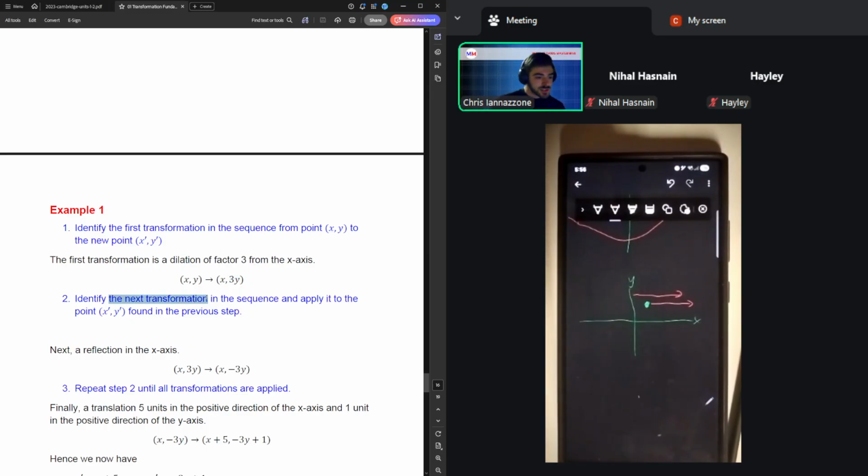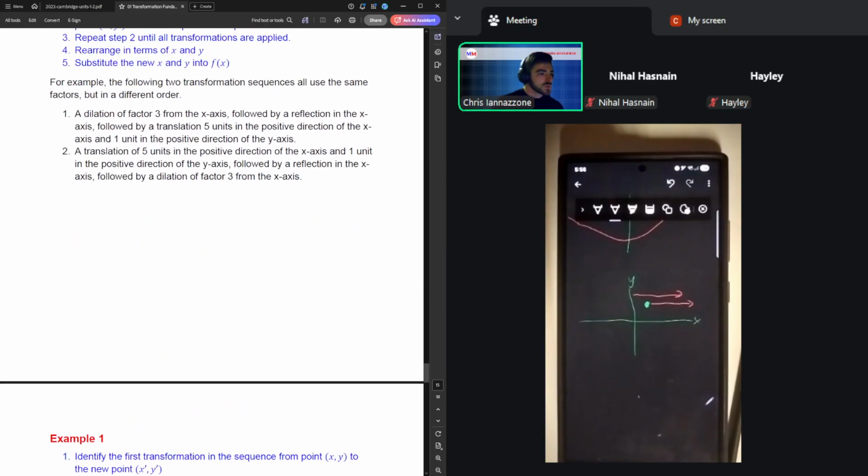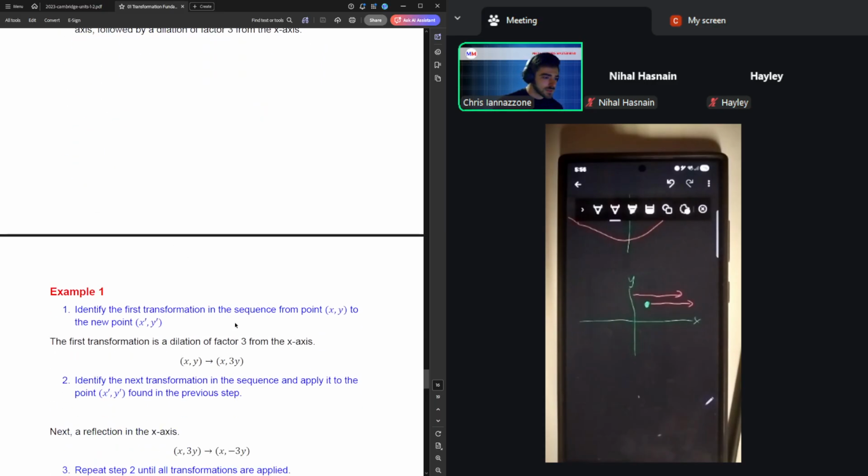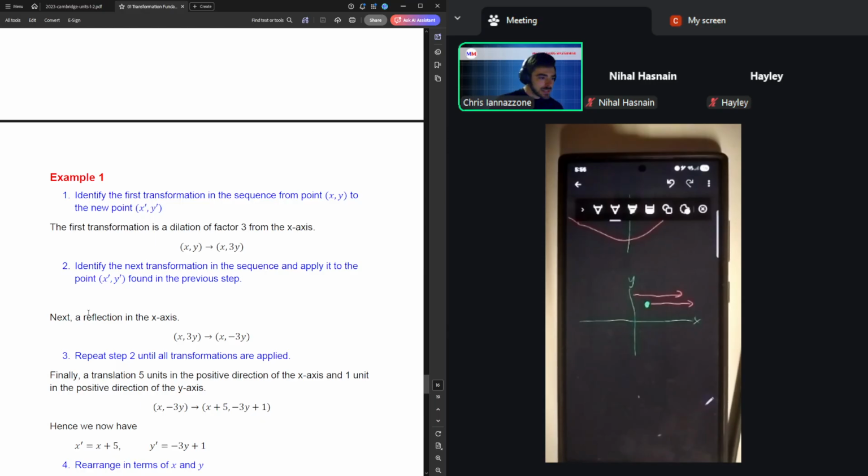Next, get the next transformation in that sequence. So we just did dilation factor of 3. We're now followed by a reflection in the x-axis. Here's how that actually looks. Wherever you left off, you now use that as your new starting point. x comma 3y is now the new starting point.